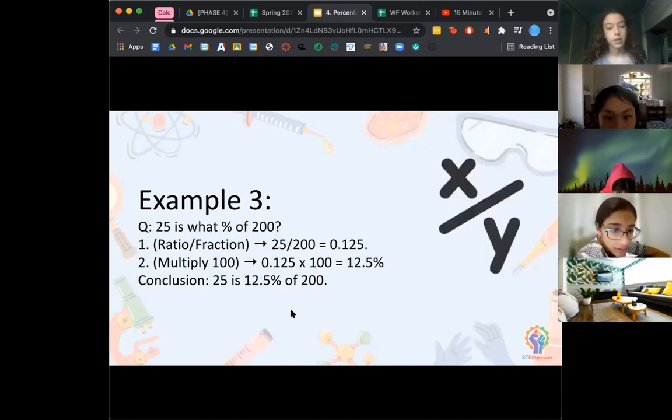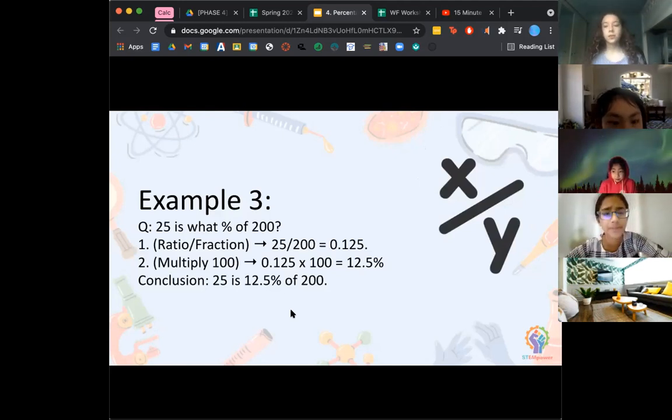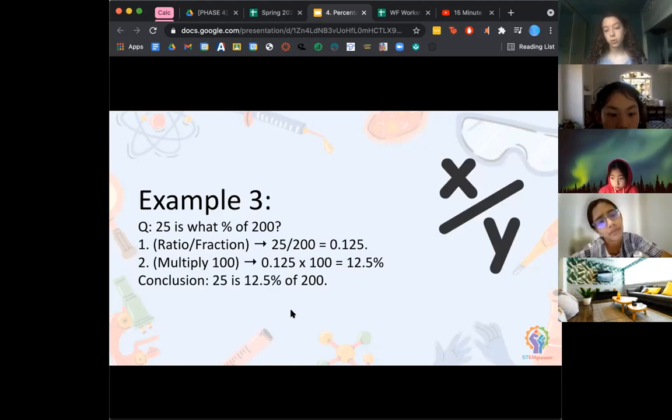Okay, example 3. 25 is what percent of 200? This one is a little trickier. So for this one, you have to remember that part over whole equals percent. So if you have 25 and you have 200, what's the part and what's the whole? Anyone want to answer that?